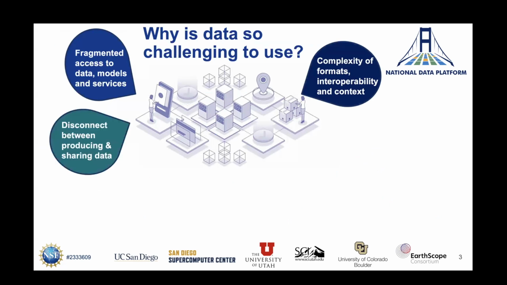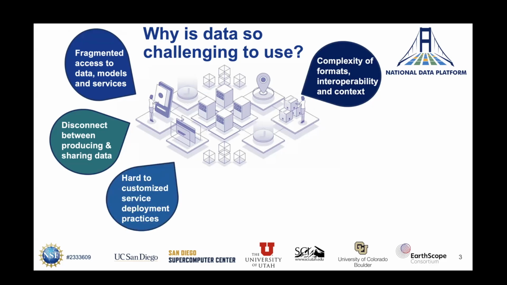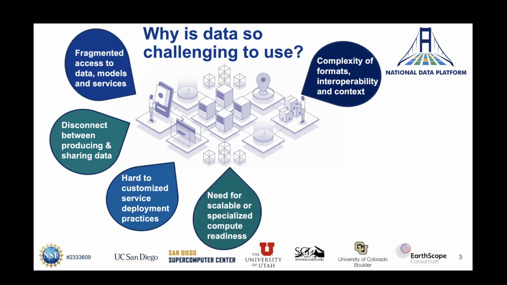And this disconnect between where we are producing and sharing data can lead to both contextual and time challenges in how data is being shared with others, in terms of usability, timeliness, interpretability of it, metadata. And service deployment practices on top of the data are really hard to customize. There are no standard best practices on that.